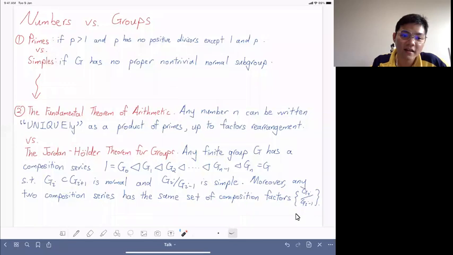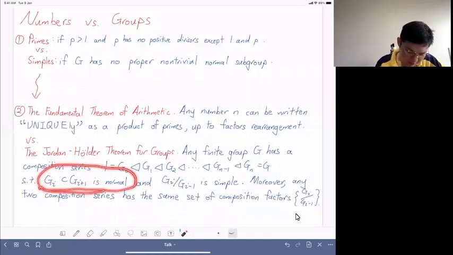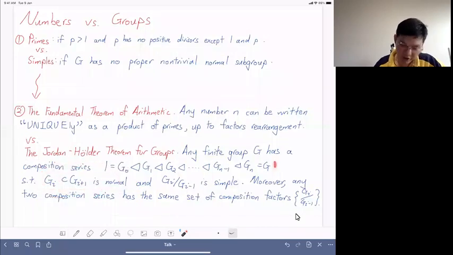On the other hand, there's the Jordan-Hölder theorem for groups. You can have a filtration for your group in terms of normal subgroups. But bear in mind that for these normal subgroups, you do not require each G_i to be normal in the big G; it's just consecutively.